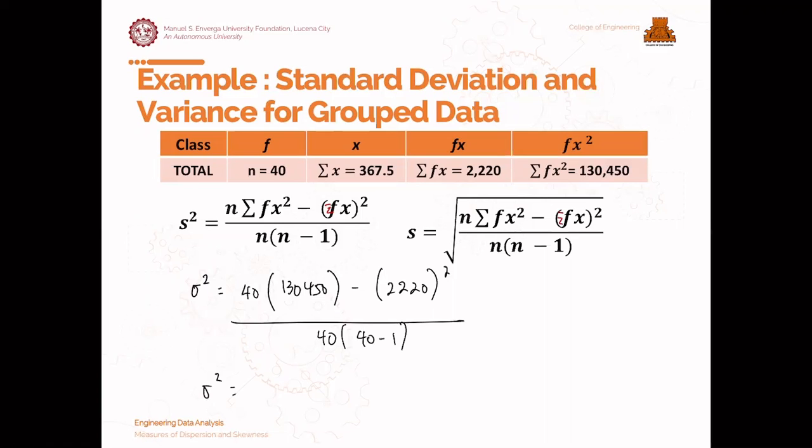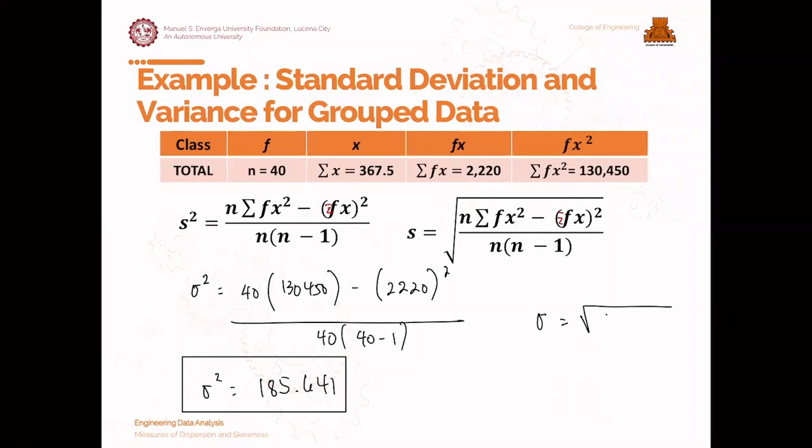So, variance natin is equals to 185.641, which I think is the same as the previous version. No? So, definitely yung standard deviation natin will be the same as the first version, which is equivalent to 13.625.